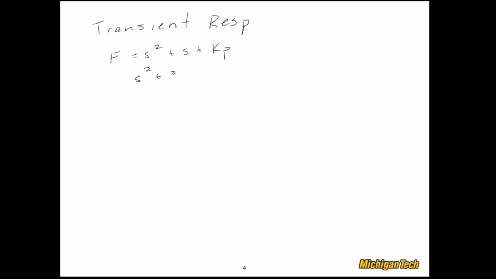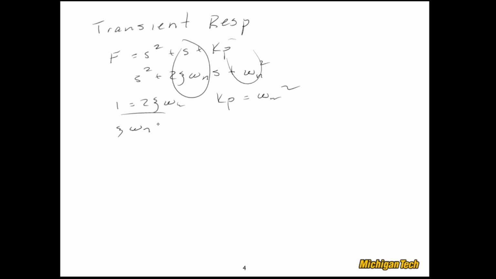I can compare that to the standard form of a second order system and realize that if I equate those terms, I have 1 equal to 2 zeta omega n, and Kp equal to omega n squared. What this tells me is that zeta omega n is equal to 0.5.